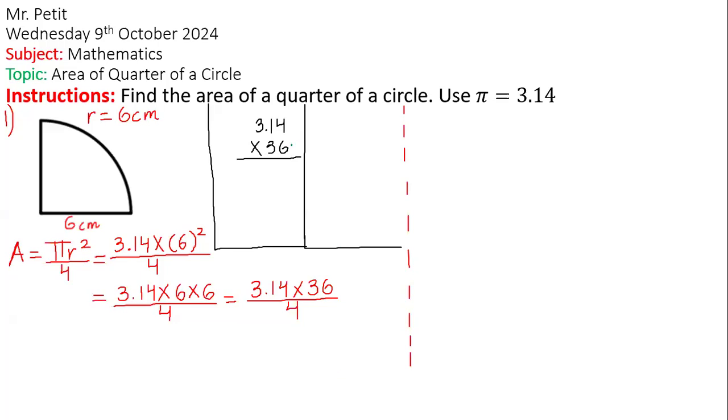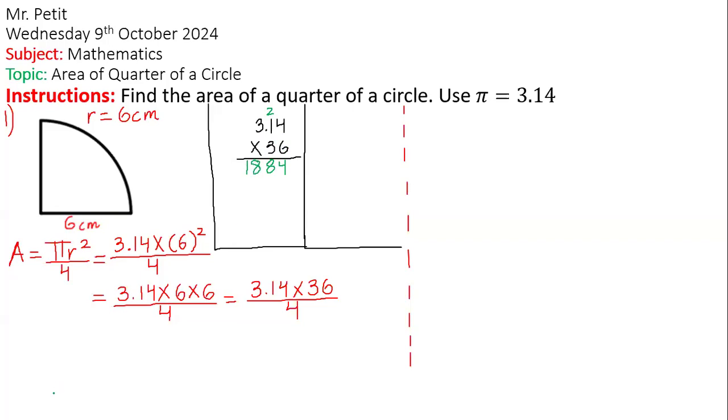So 6 times 4 is what? 24. So we put the 4 down and we put 2 up, right? 6 times 1 is 6, plus 2 is 8. 6 times 3 is 18.